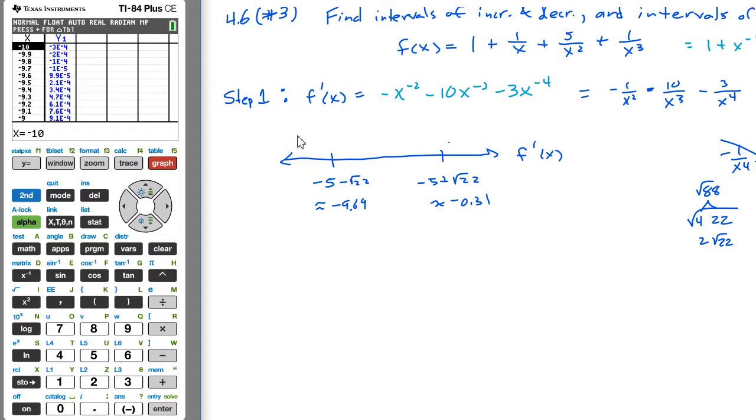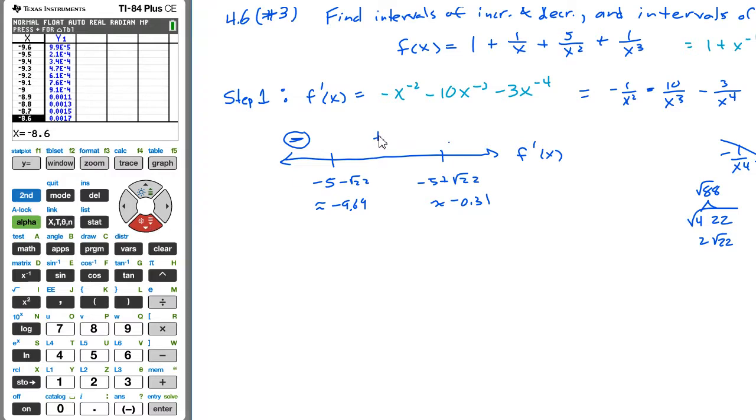So my derivative is negative out here. Once I pass negative 9.7, which is this root of the derivative function, I'm getting positive results. I can scroll down and see some more numbers. I'm getting positive outputs for the derivative, so my derivative is positive here.